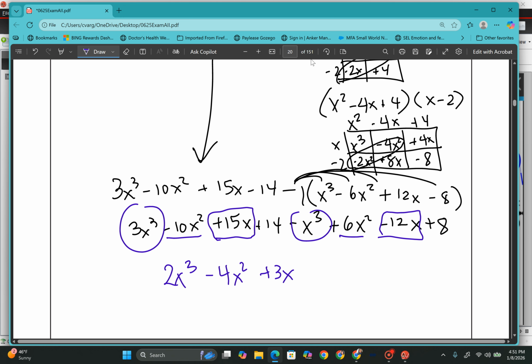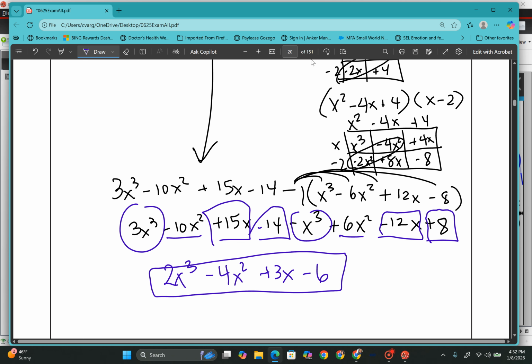And then we have 14 plus 8. Oh, that's a negative 14. Yeah, negative 14. Right? Negative 14 plus 8 is negative 6. So this is our final answer.